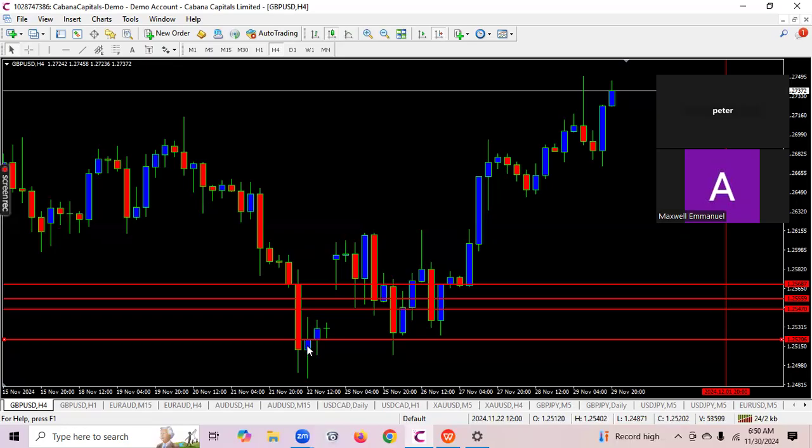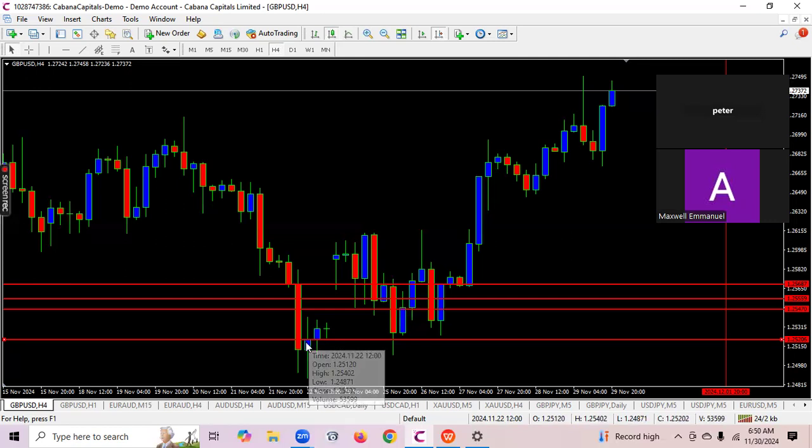Now, since the body is bullish, it's an indication that we have buyers who are willing to buy. It means some traders have executed buy trades. So one can execute a buy after the close of this candle.